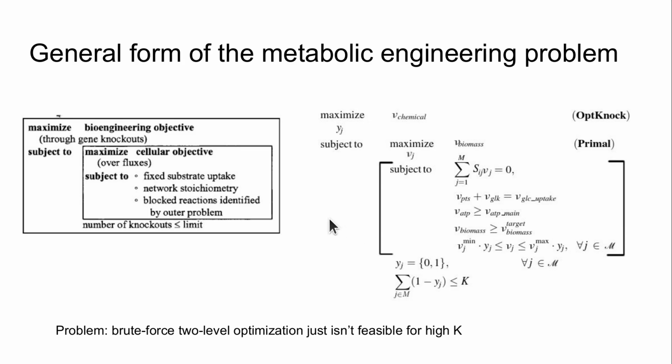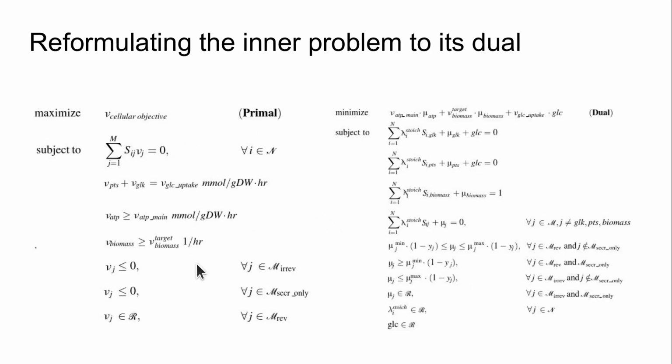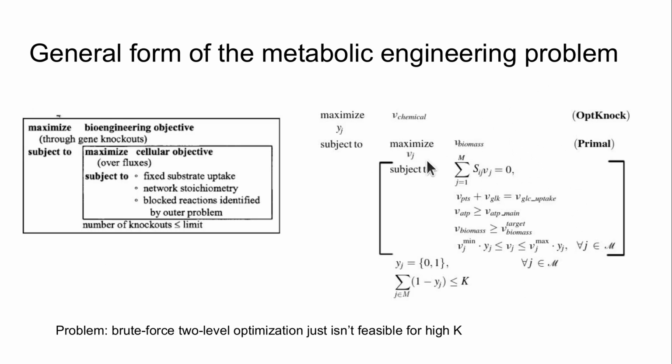And that is where OptKnock was developed. So the principle of OptKnock is that it converts our linear programming problems in a more tractable way. So we have our two-level optimization. It has an inner problem, which is the FBA problem, and the outer problem, which is the OptKnock.